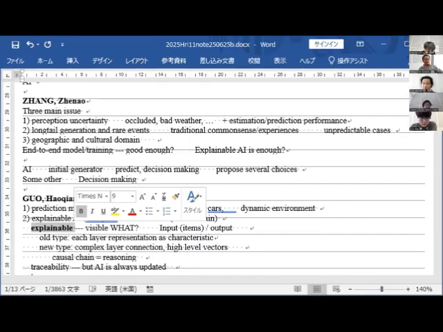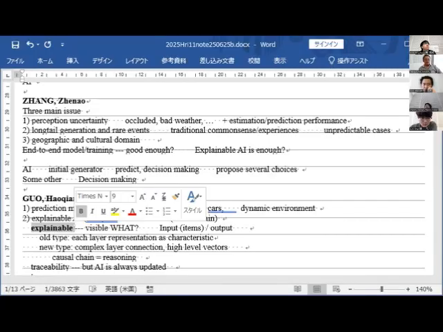So therefore I'm expecting the AI to do this kind of explanation. So which factors they are considering, and then based on these factors, weight or the weakness, strongness, and the mixture of these, and then decide this decision we want to know.